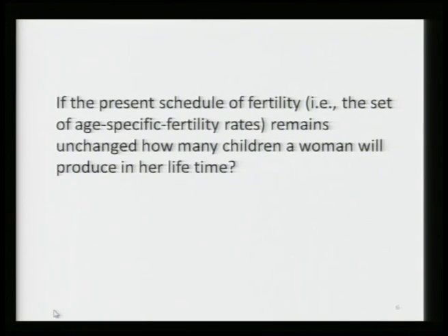So, if the present schedule of fertility means age specific fertility rates at different ages remain unchanged, how many children a woman will produce in her lifetime? According to NFHS 3, it is about 2.7.